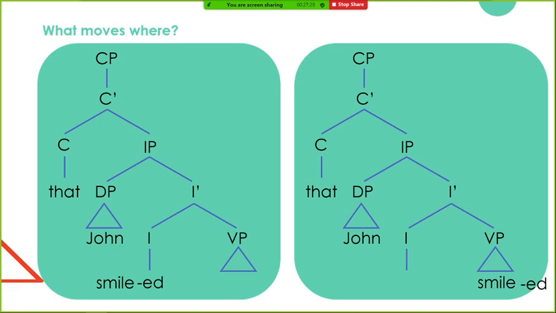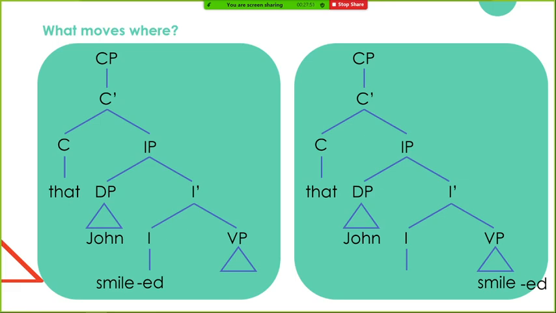We still end up with the CP, that John smiled. Okay, it's just that, well, the verb ends up in a different position in both cases. In the first case, if the verb moves to the inflection, well, the tensed verb is in the inflection position. But if the inflection moves to the verb, then the tensed verb is in the verb phrase, in the verb position.